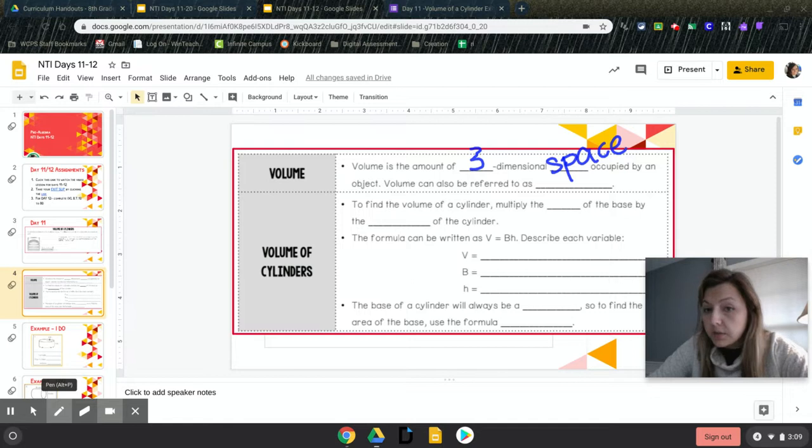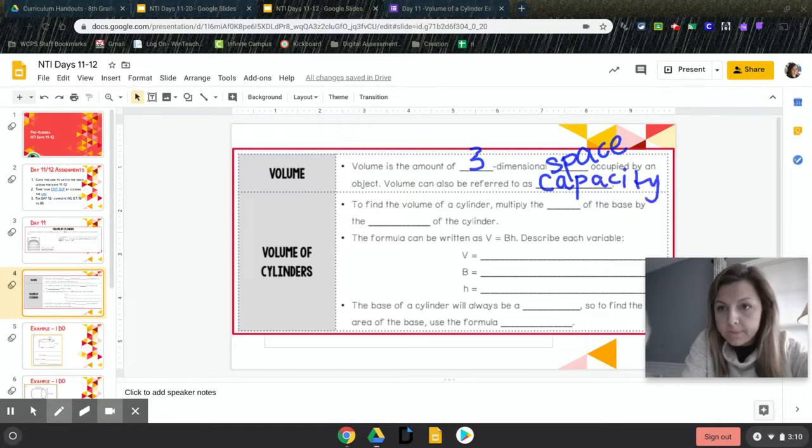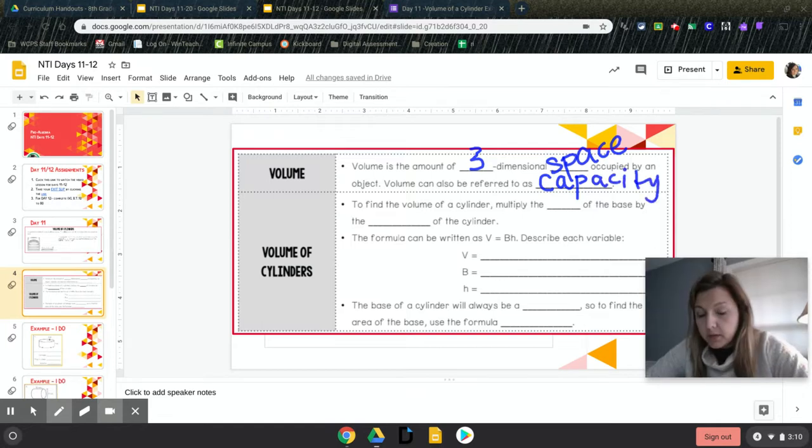Volume can also be referred to as capacity. Think about how certain restaurants have a max capacity, how elevators have a max capacity. If you had some sort of liquid you're pouring in a can, that can would have a max capacity. So what we're looking at is how much liquid could you fit into that can? That would be the volume.